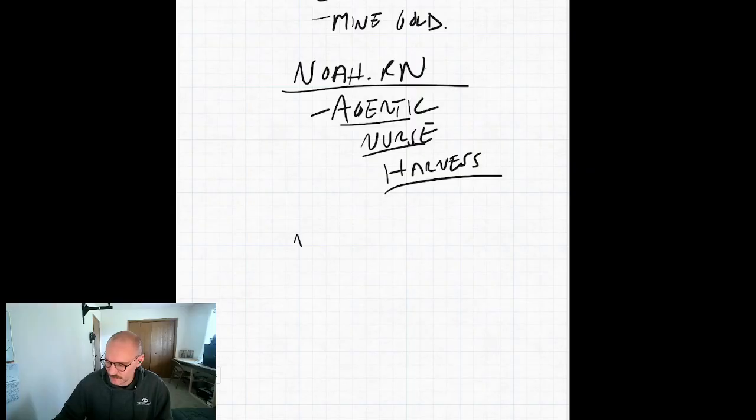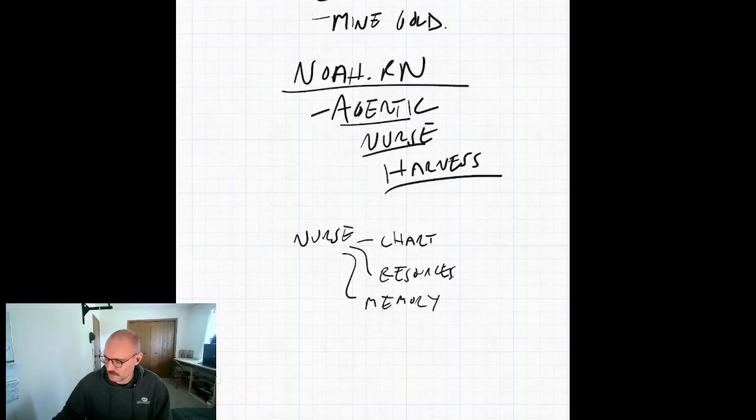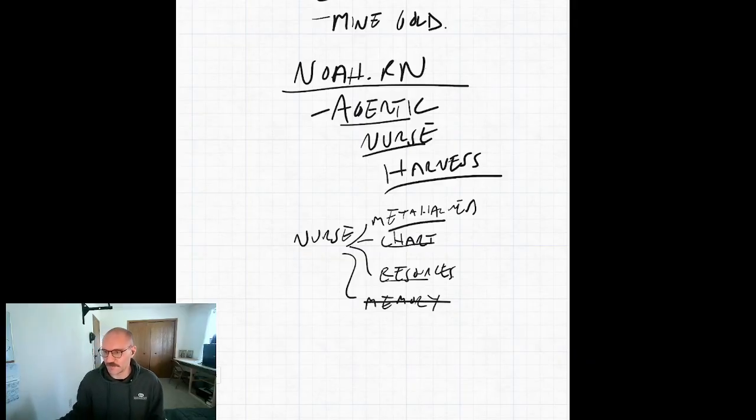I knew that I wanted it to be a nurse. I knew that I wanted it to chart things. And I knew that I wanted it connected to resources. And I wanted it to have memory. What else? I wanted it to have a meta harness. And so all of these things are four different development areas.